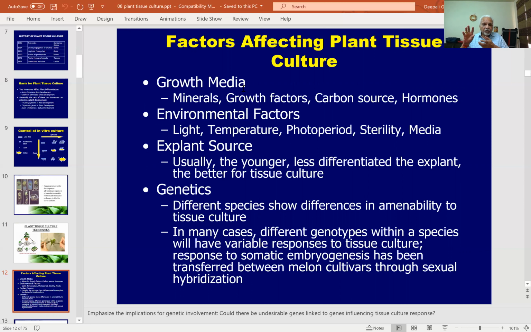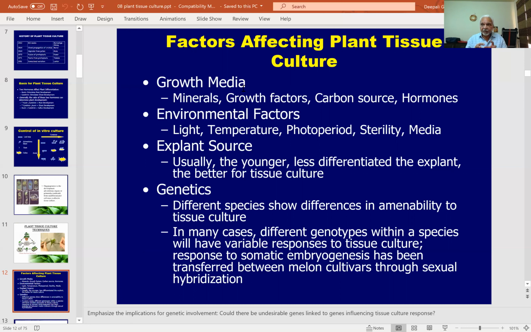So if we talk about growth media, even this has undergone its own evolution. Starting from ill-defined media, like using the plant extracts as the source of nutrition, to well-defined media in the 60s, as I told you, Murashige and his group first introduced the well-defined media. And what I mean by well-defined media is that it had all the components which a living cell requires.